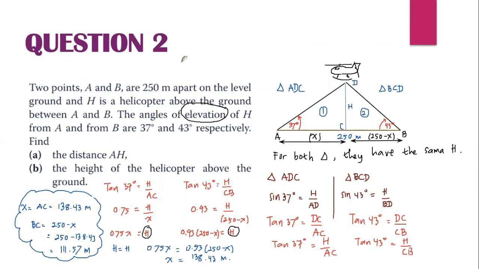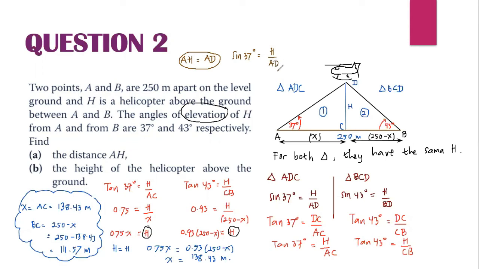Okay, so AH is, based on the diagram, A to helicopter, we know here is 80, right? So I think you can use the sine concept. Sine 37 equals height over 80, right?